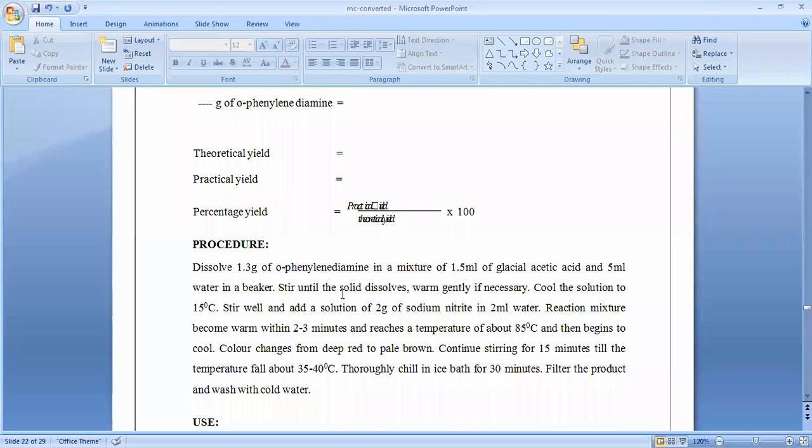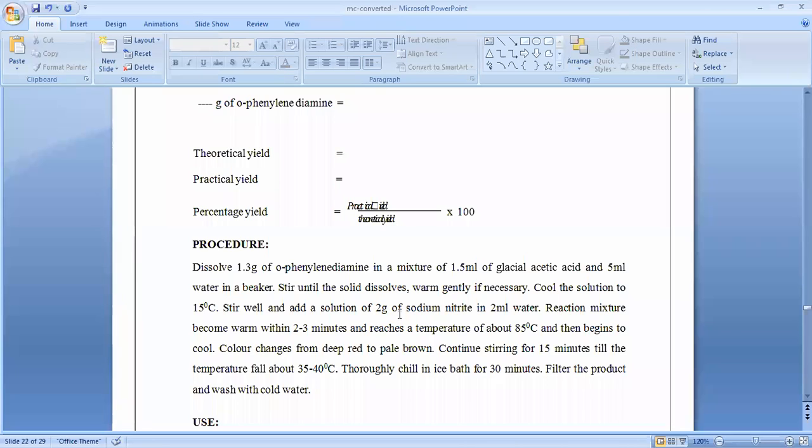Stir this reaction mixture until all the solid is dissolved. After that, warm it gently if necessary to dissolve the orthophenylenediamine. Then cool the mixture to 15 degrees centigrade and stir well.